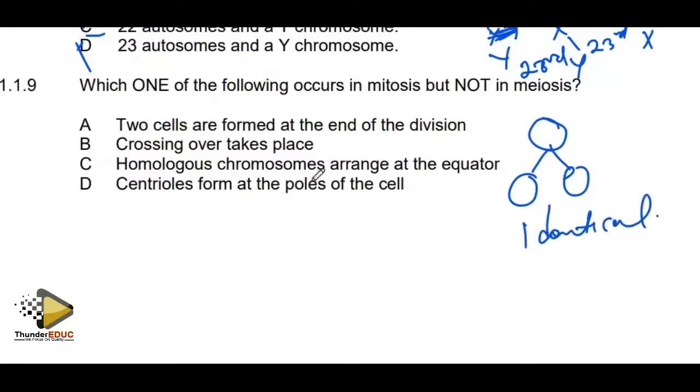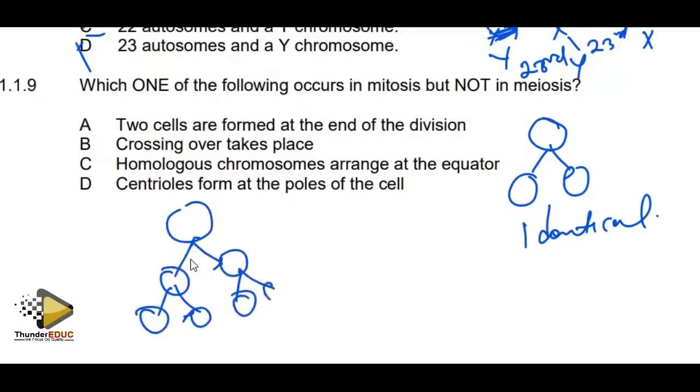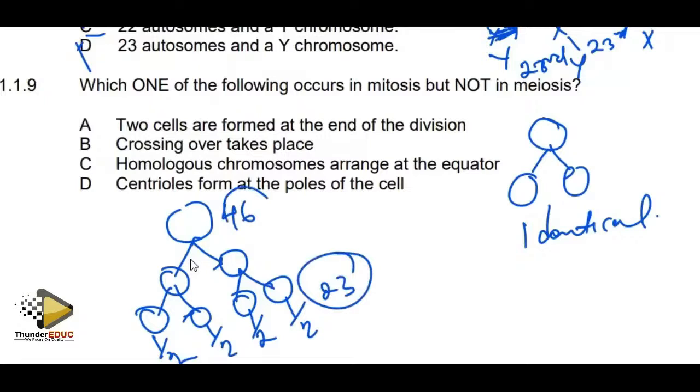But if you look at meiosis, you have one cell, you form two cells in the first meiotic division, you divide again, you form four cells. These are the ones which form the sperms and the ova. And these have half the chromosome number of the parent, which, for example, if it is a human, is 46, and then here will be 23 chromosomes.